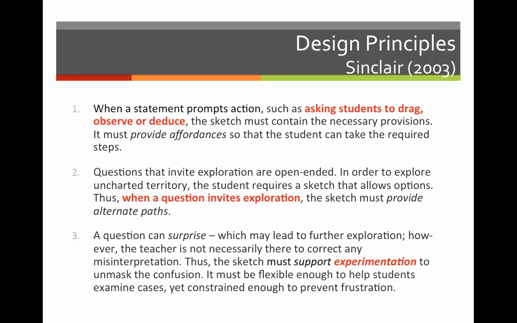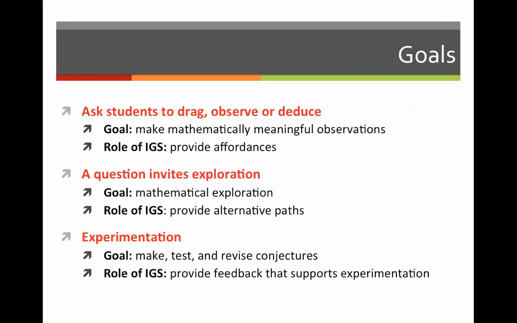So we pulled those 3 out and said, well, if we're asking students to drag, observe, or deduce, then the goal could be to make mathematically meaningful observations. And then the role of interactive geometry software in that case would be to provide the affordances that would support students in making those observations. A second goal could be mathematical exploration.